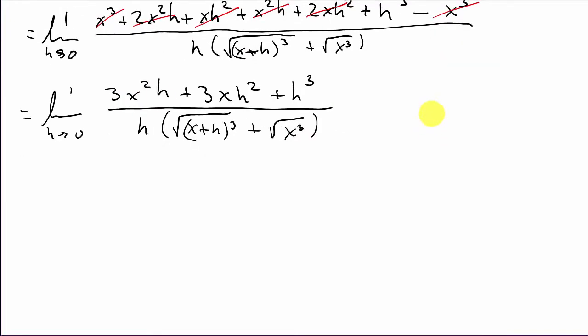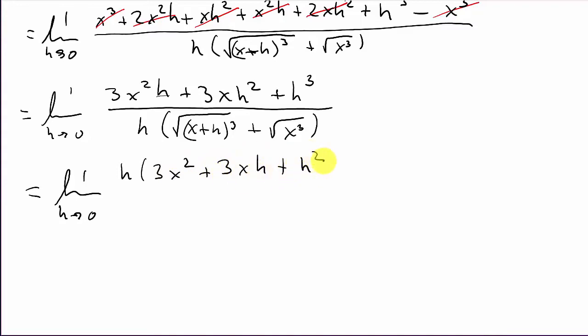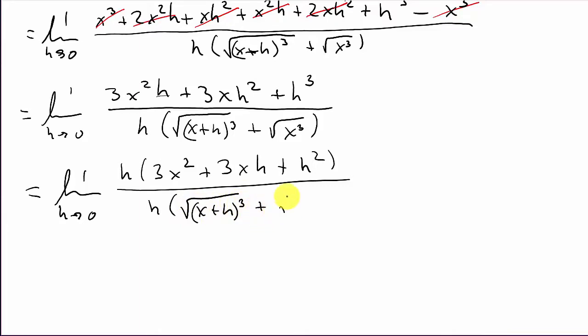Now we can factor out h, so that's the limit as h goes to 0 of h times 3x squared plus 3xh plus h squared, over h times the square root of x plus h cubed plus the square root of x cubed.